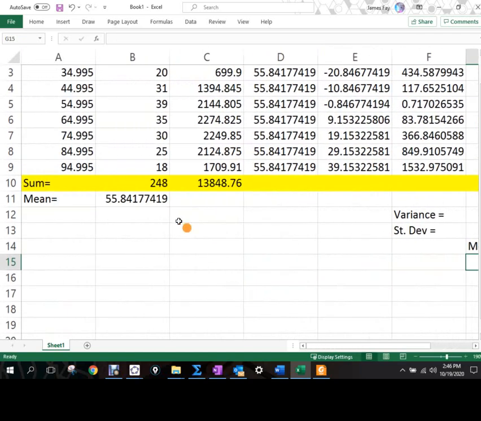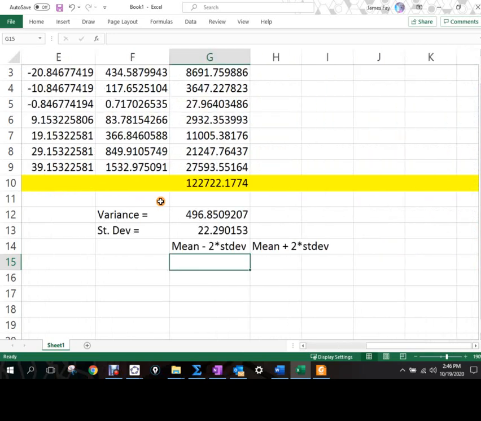So our mean was this number here. What is that? B11. So I'm going to go equals B11 plus 2 times that number right there. Oh, I wanted minus. Sorry. I'm just going to copy this real quick so I can do it in the next one. So that gives me that number right there.